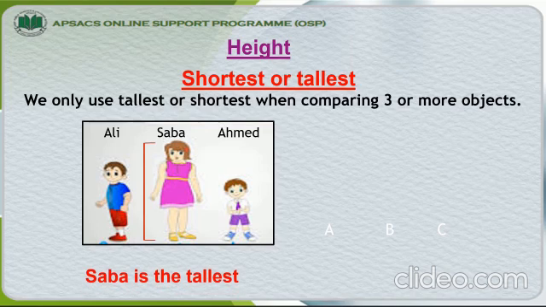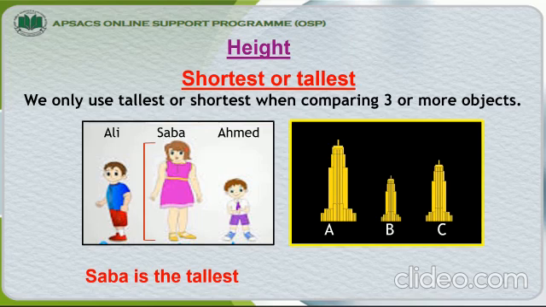So you can say that Sabah is the tallest. Now here is another example. Now which building is smallest? A, B or C? Yes, building C is smallest here. So we can say that building C is shortest.